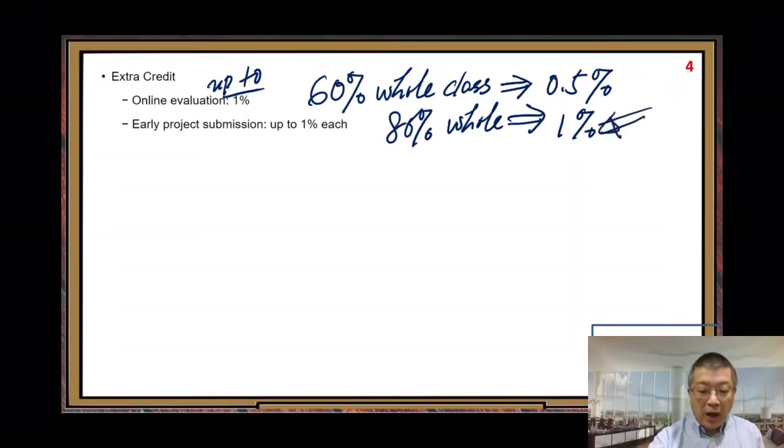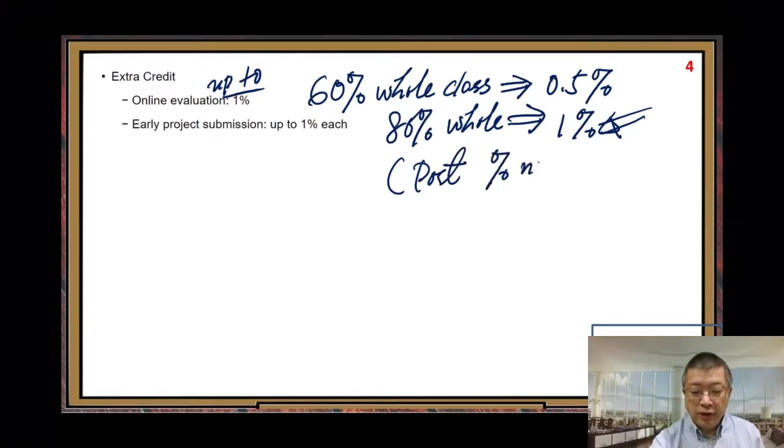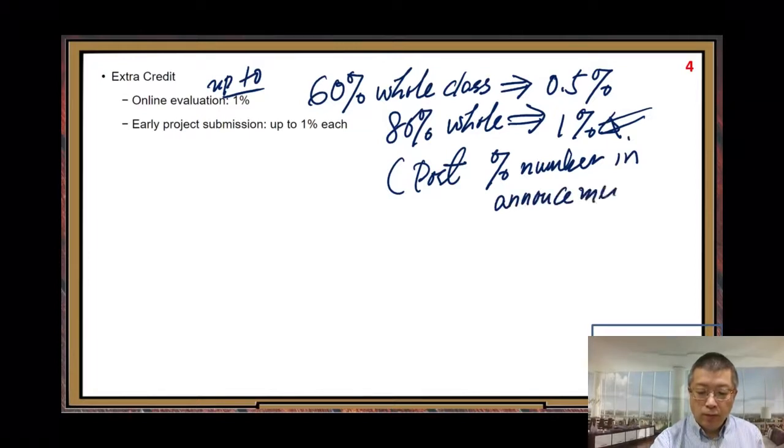I will post the percentage number in an announcement a few days before the deadline. So you can try your best to earn as much as you can. So that's the first chance, extra credit.